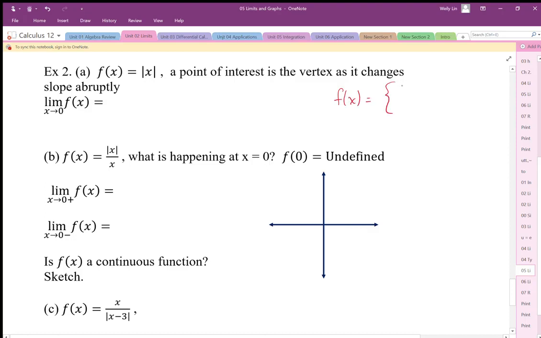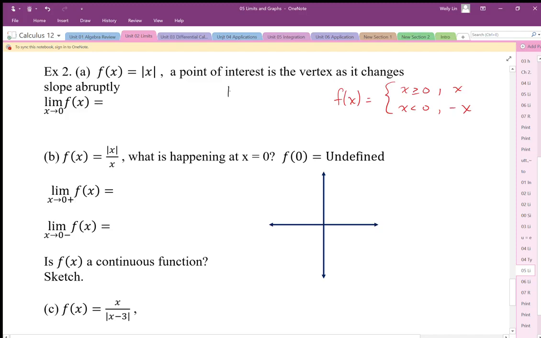Okay, and as x is greater than or equal to 0, we know that it's equal to x, and for x less than 0, it's equal to the opposite, or negative x. So then once we've done that, to do the limit, we need to have the same from the left side and right side.